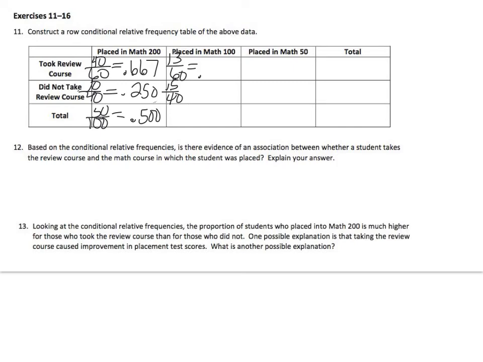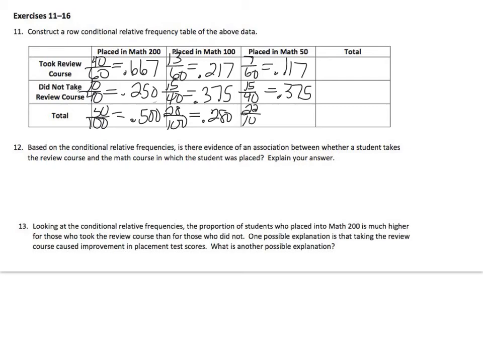This gives me 0.217, 0.375, and then we had 28 placed in Math 100 out of 100 kids, so 0.280. 7 out of 60, 15 out of 40, that gives us 0.375, 0.117, and then 22 total out of 100 is 0.220.